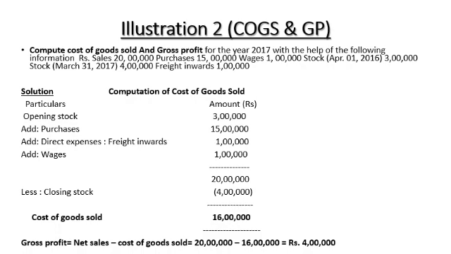So we have to find out two data. One is sale. In the question, sale is given as 20 lakh. But since cash and credit are not mentioned, it will be assumed to be total sale, and if returns are not there, it will be taken as net sales.